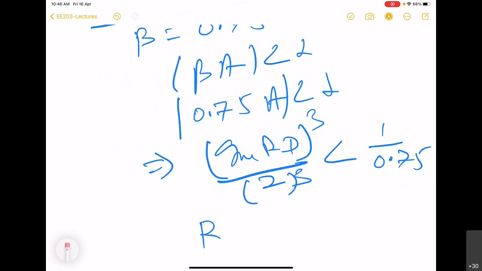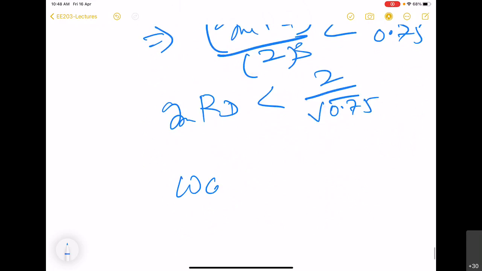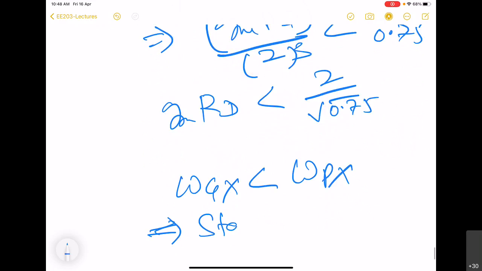So this time it is going to be gm rd less than 2 by cube root of 0.75. So now we can take a larger gain. So we found that if we have omega gx, the gain crossover, less than omega px, this implies stability.